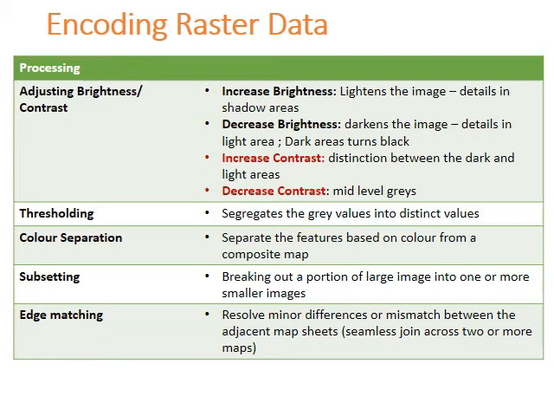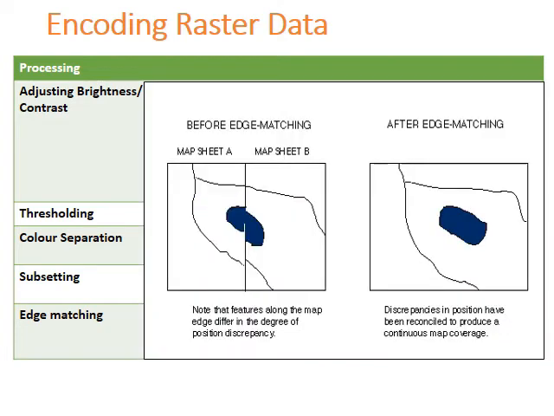Edge matching is another very important process when we try to bring two different maps into one GIS environment. For example, if you look at this, there are map sheet A and map sheet B. Both are adjacent images, but while georeferencing or registering, the edges are not matched properly here.